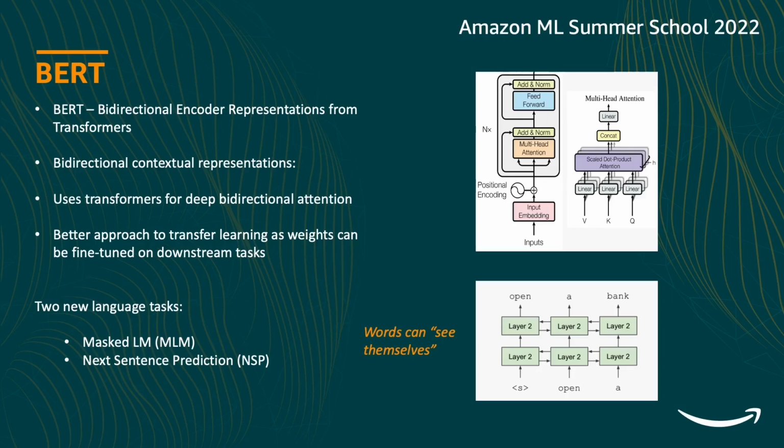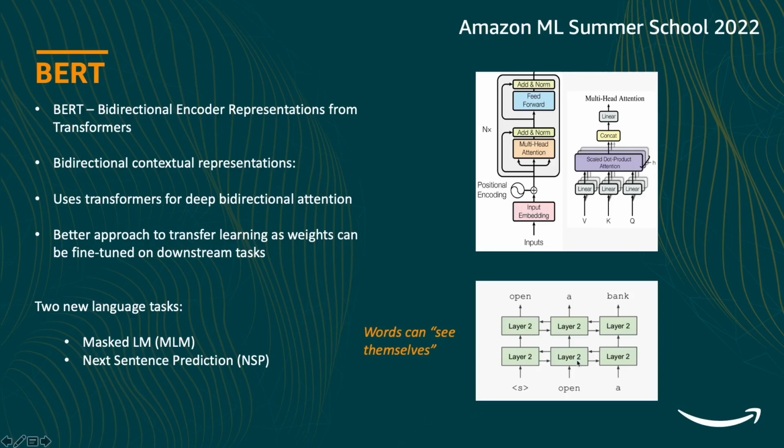And so the challenge with training bidirectional word embeddings models previously is that if we try to give bidirectional context to the standard language model tasks, then it would allow each word to indirectly see itself.